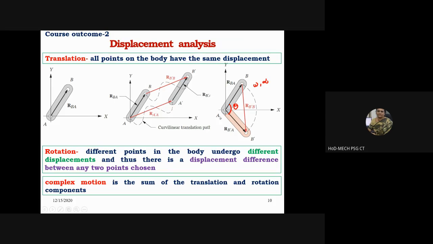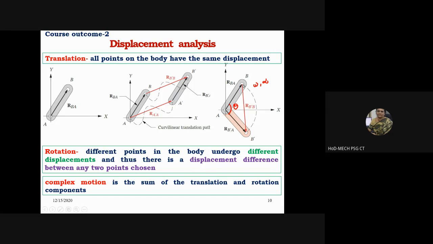Okay, the same body, location being the same, suppose it is rotating like this, with A as the center of rotation. It is called rotation, where different points in the body undergo different displacements, and thus there is a displacement difference. So for example, this point A does not undergo any displacement at all, the displacement is 0.